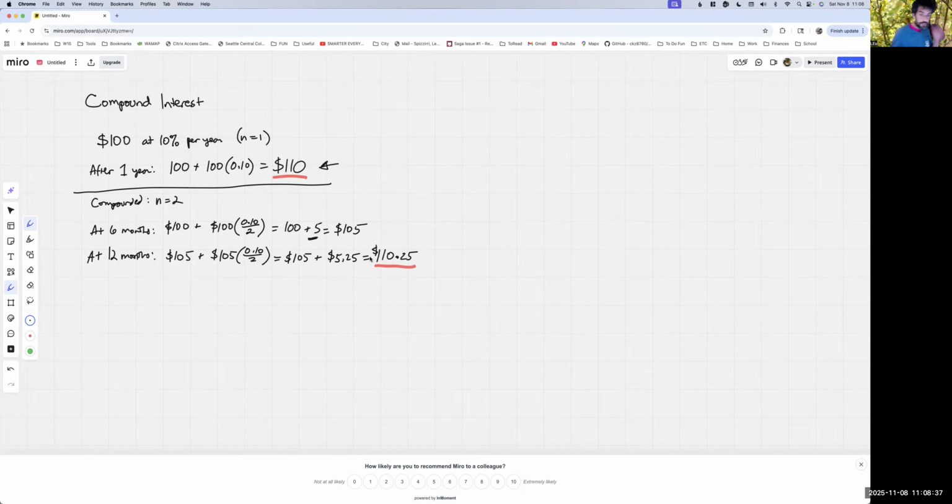Okay. So let's work out what this formula looks like more generally, so we don't have to go through this computation each time.